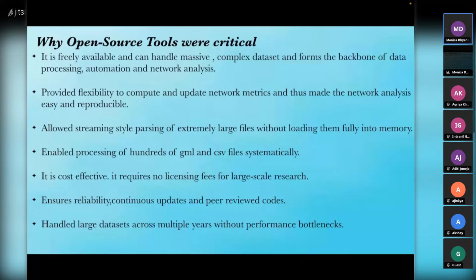I could handle extremely large XML files efficiently while systematically working with hundreds of CSV and GML files. So overall, these tools made the entire network analysis flexible, reproducible, and efficient. So I could effortlessly do my analysis, all thanks to these modules and packages.